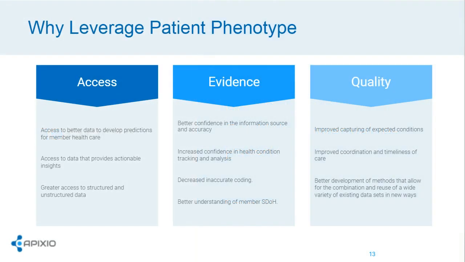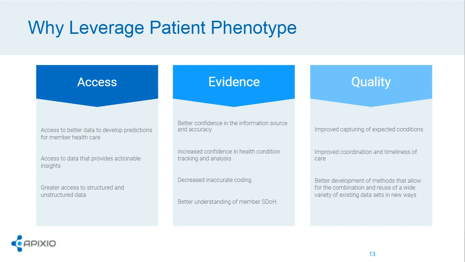Like Terry was mentioning, we really need to dive into why you would want to leverage patient phenotypes. And there are a lot of very good questions about, does phenotype roll up to some sort of a summary? How do you go about using it to avoid that click fatigue, if you will, or the alert fatigue? Let's start first with access.